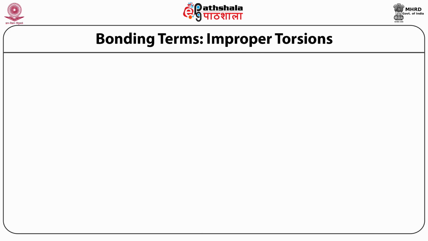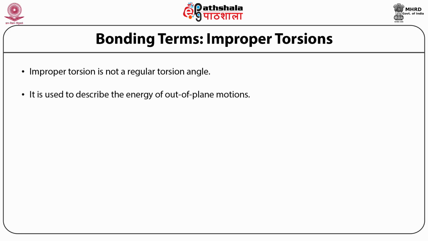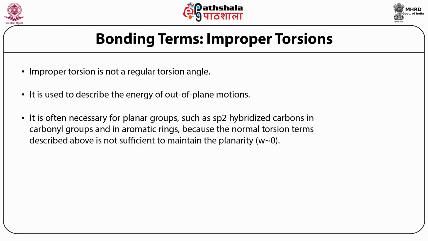Here I show you how to take care of improper torsion. As I have discussed earlier, out of plane motion also contributes to the energy. Most often the planar peptide unit likes to be planar, like sp2 hybridized carbons or aromatic rings, sometimes even sp hybridized carbons.